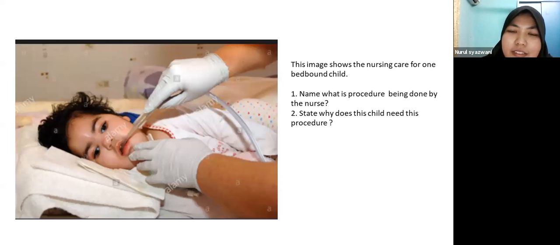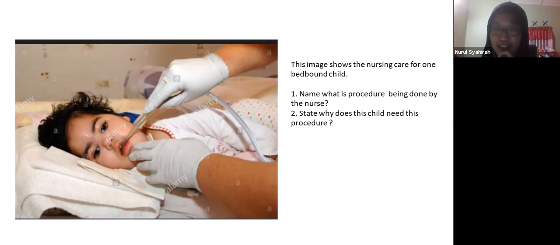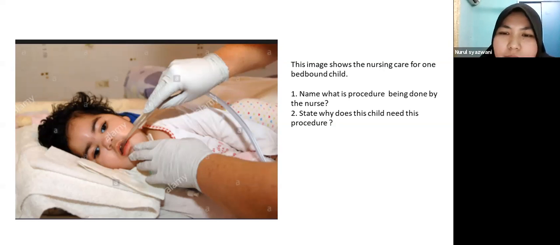Okay, the last but not least. Can Shahira answer this question? Basically, the name for this procedure is suction. It is done in order to clear the airway secretion in this bedbound child, to prevent aspiration pneumonia.